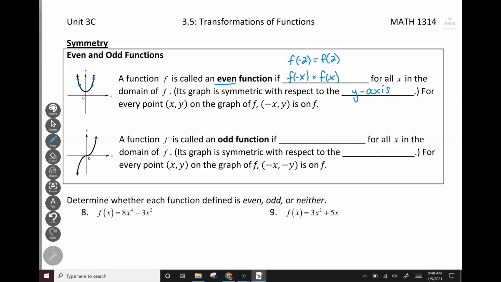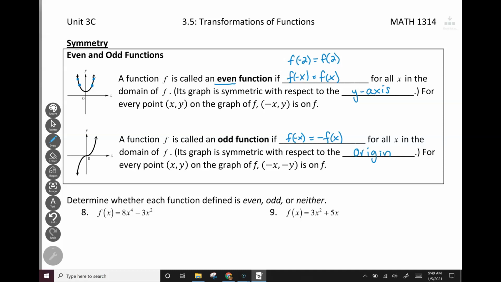Okay, now this one might be a little more confusing, but it's similar. A function f is called an odd function if f of -x, so still plugging in that -x, equals -f of x for all x in the domain of f. Its graph is going to be symmetric with respect to the origin.